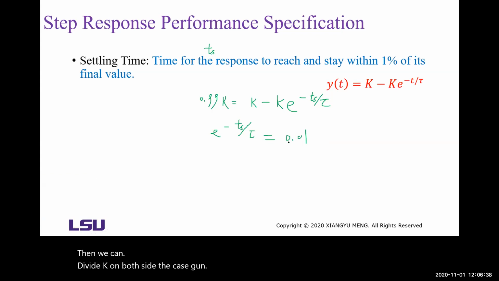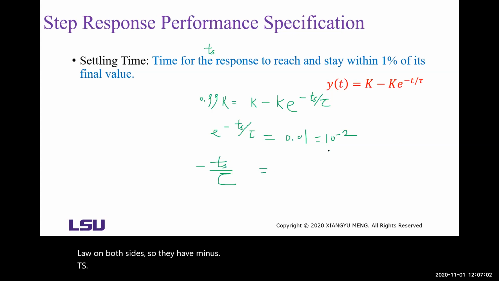Then we can write 0.01 as 10 to the power of minus 2. Then we can apply log on both sides. So we have minus Ts over tau, and on the right hand side we have minus 2 ln 10. Then we can multiply by -1 on both sides.